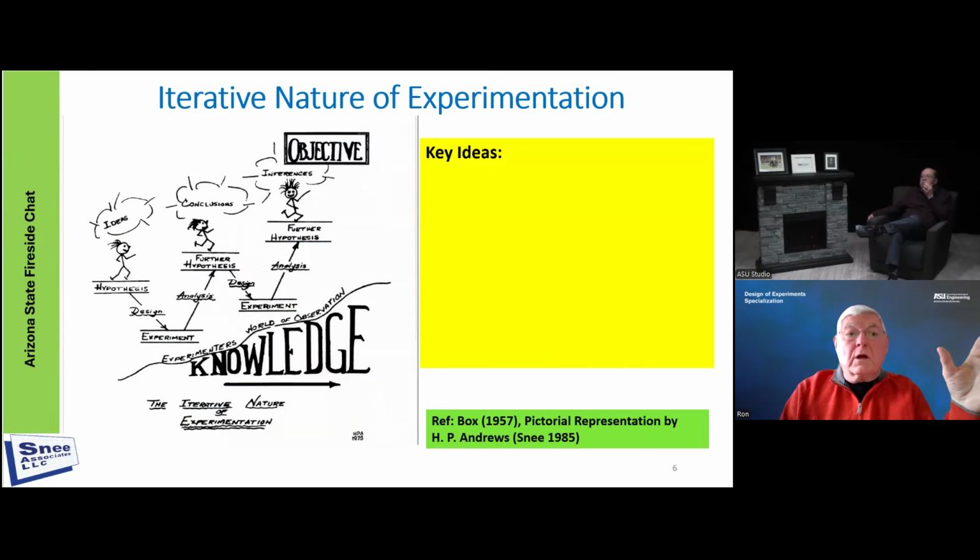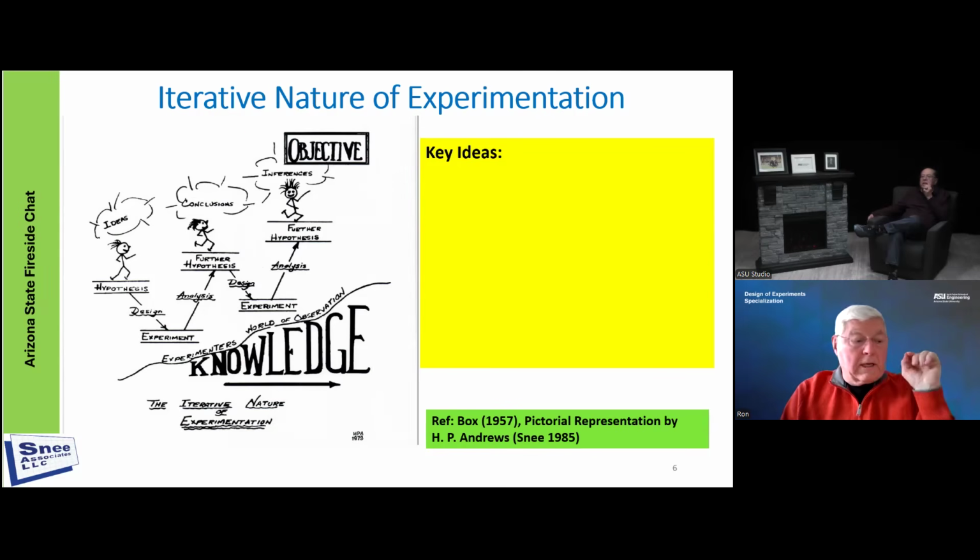Anytime you start talking about process and products and experimentation, I go back to the iterative nature of experimentation, which George Box introduced in 1957. The schematic you see here was created by Horace Andrews, who was my major professor at Rutgers University.